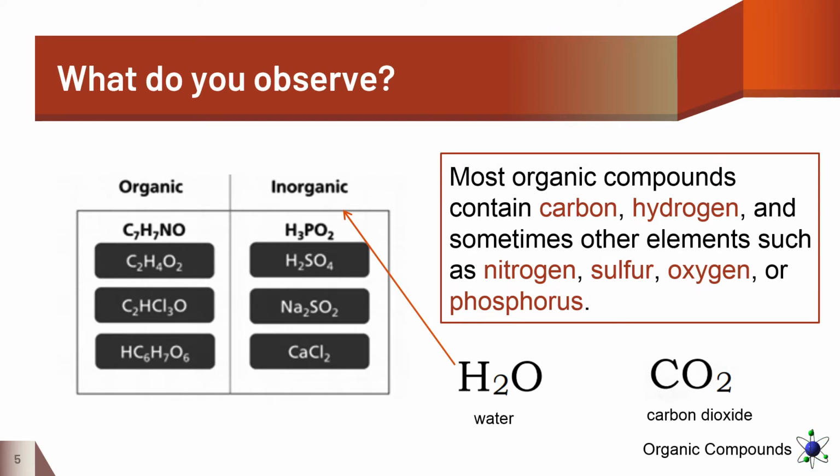The answer is also no. It is classified as inorganic. As you can see in the chemical formula, it does not contain the element hydrogen. One molecule of carbon dioxide contains one atom of carbon which is attached to two atoms of oxygen.